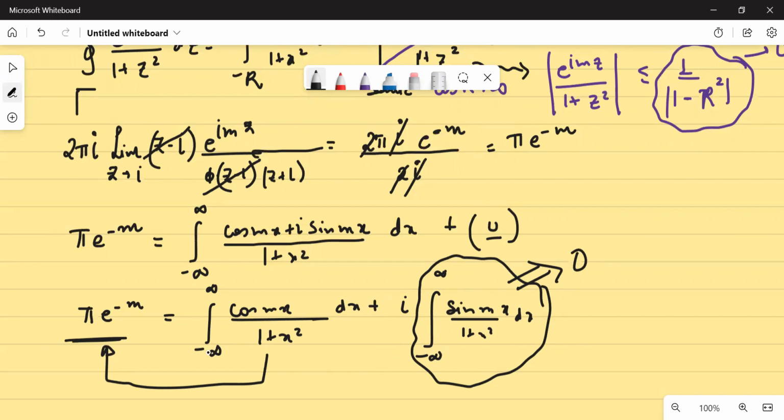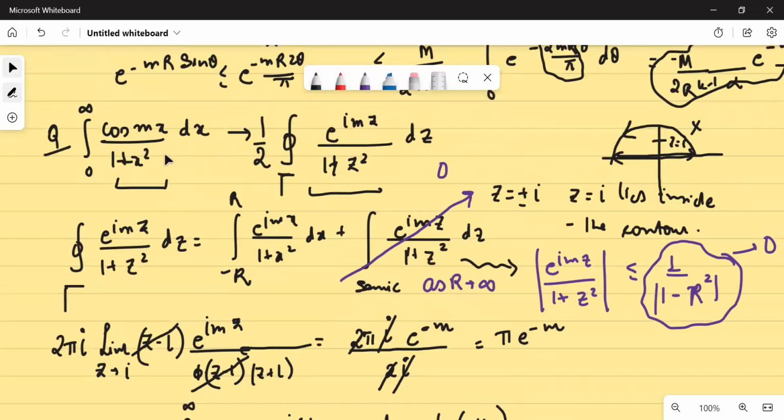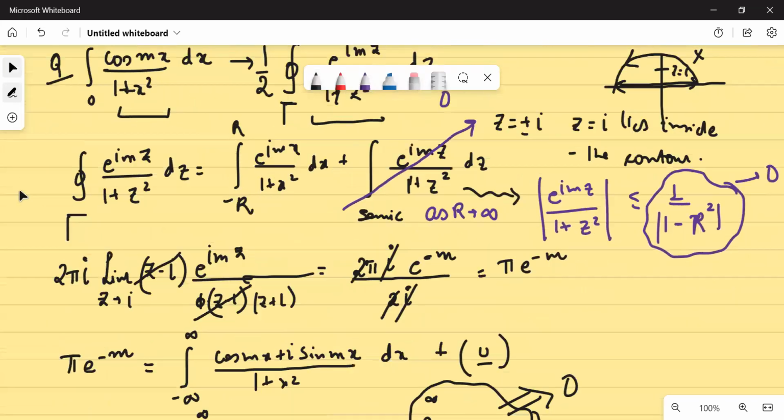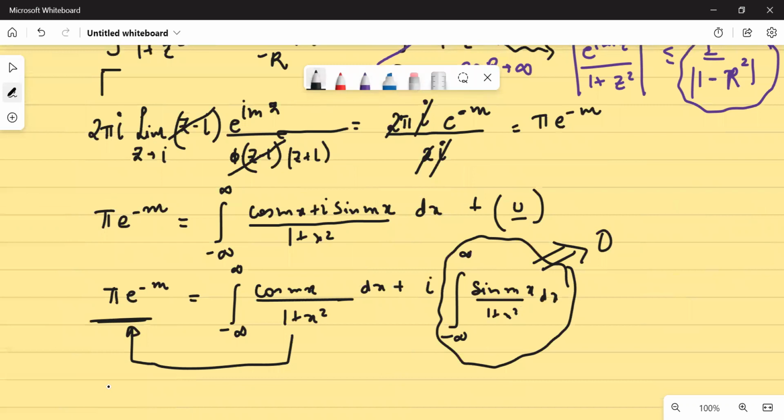Since this integration is pi into e to power minus m, the overall integration will come out as pi upon 2 into e to power minus m. Is that clear?